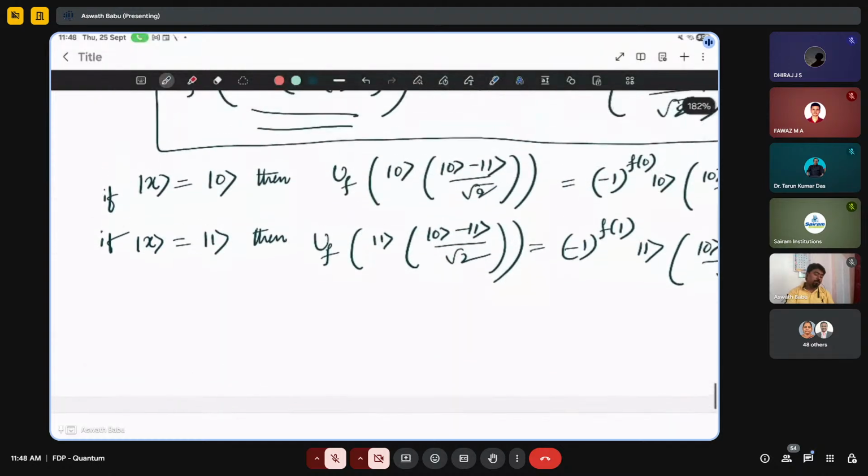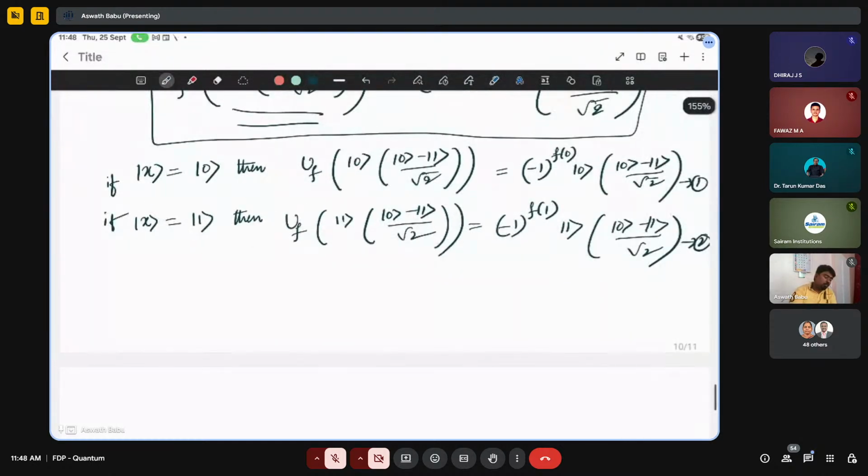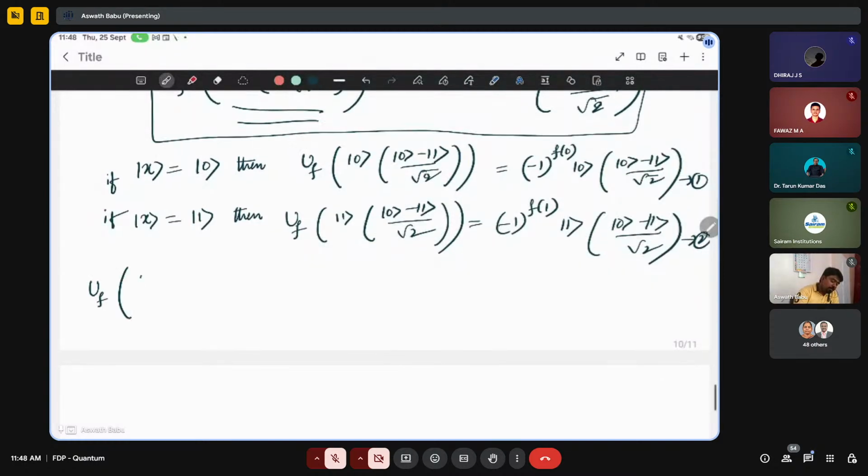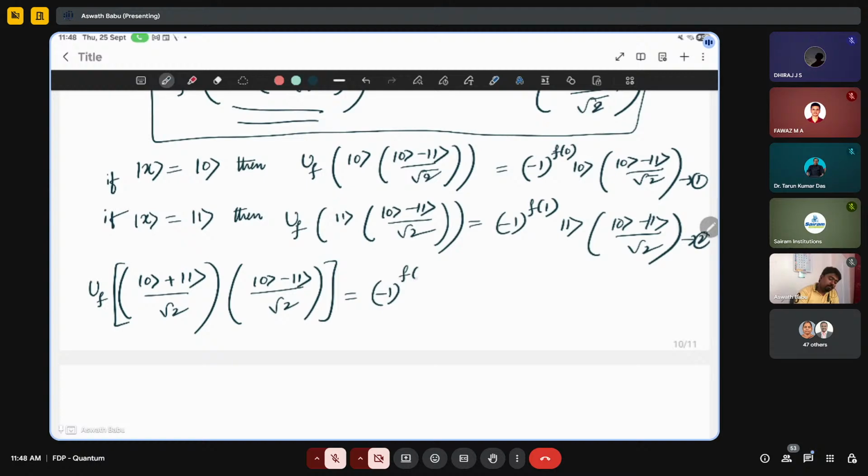So now let's add equations 1 and 2 and divide by square root of 2. What I'll have is the unitary acting on (|0> plus |1>)/sqrt(2), (|0> minus |1>)/sqrt(2), which gives (-1) to the power of f(0), |0>, plus (-1) to the power of f(1), |1>, divided by square root of 2, and on the right-hand side the target remains the same.